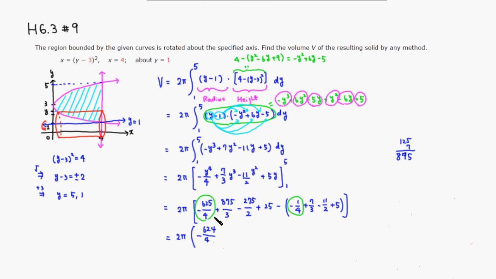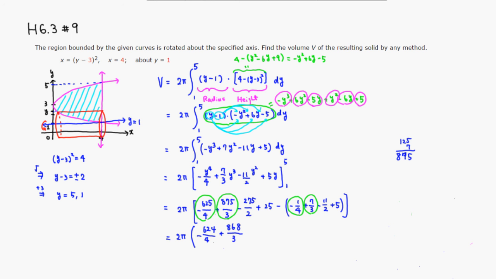Next one, we have 875 minus 7 over 3. Subtract 7 from there, so 868 over 3.